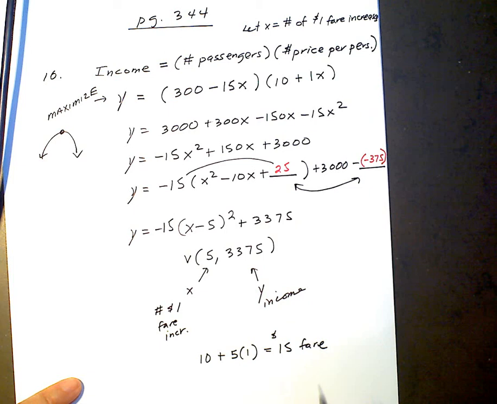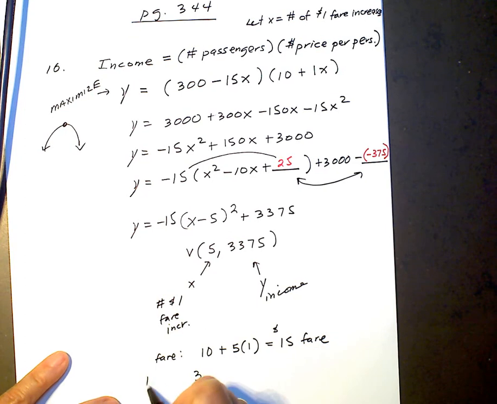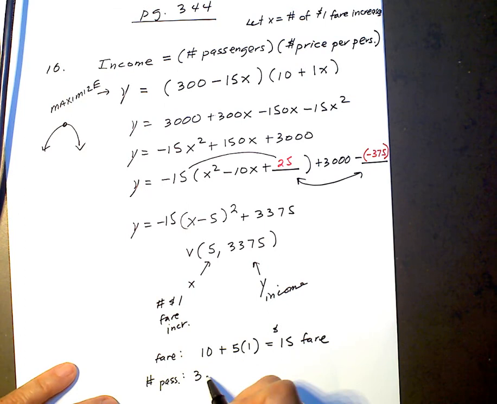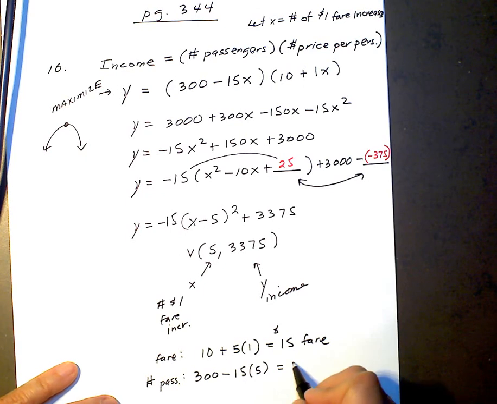Now, if you started off with 300 passengers, and it went down 15 passengers every time you did one of these fare increases, that would be 5 times. So this is 300 minus 15 times 5, or 225.